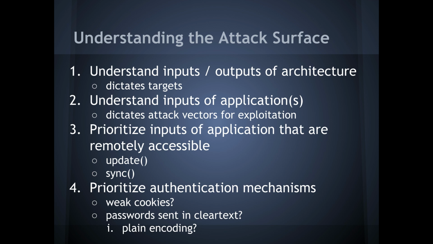And you should really prioritize the inputs of an application that have remote accessibility, because vulnerabilities and the resultant or derivative code paths from those inputs usually have a much higher impact than other vulnerabilities. And things like authentication mechanisms are another good target to prioritize. Perhaps the credentials are communicated between the client and the server in clear text or in a stupid encoding.